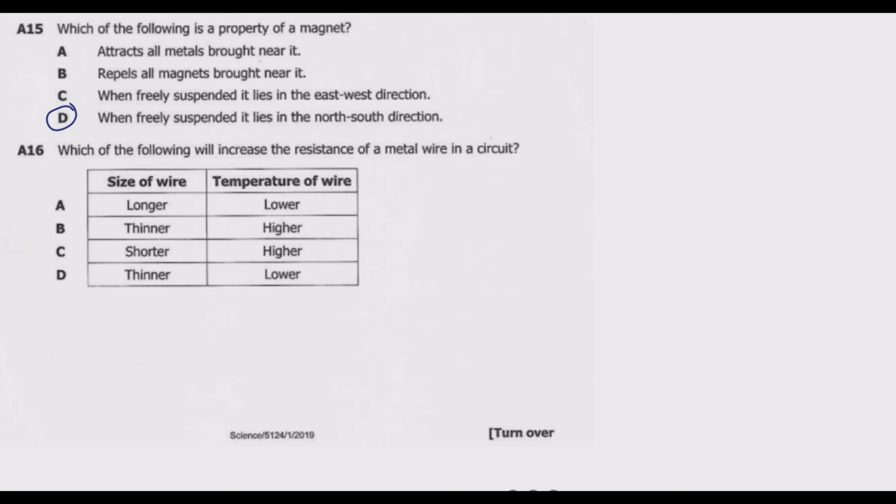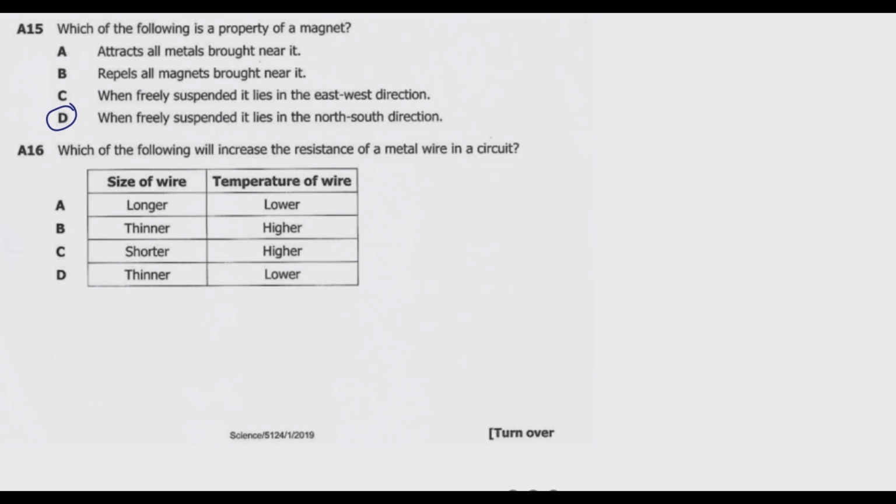Let us look at the next question. Which of the following will increase the resistance of a metal wire in a circuit? You need to see the factors that oppose the flow of current, which is resistance.